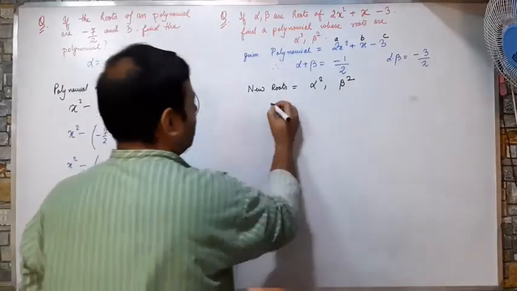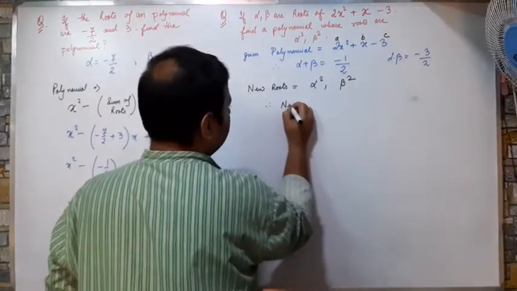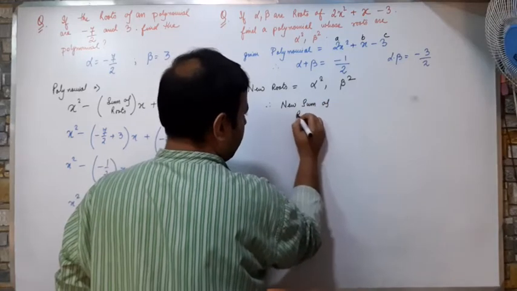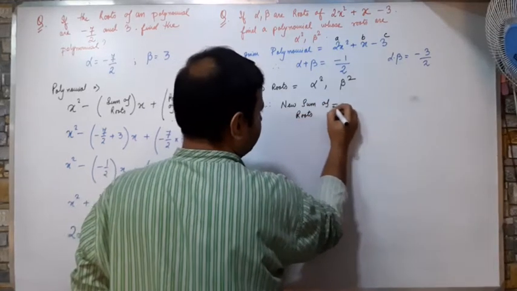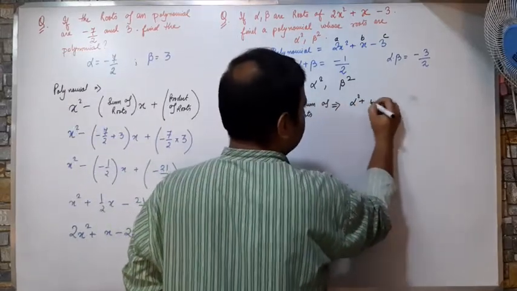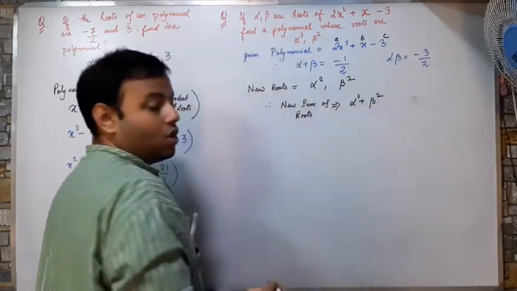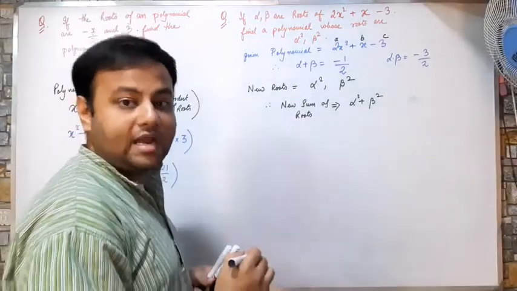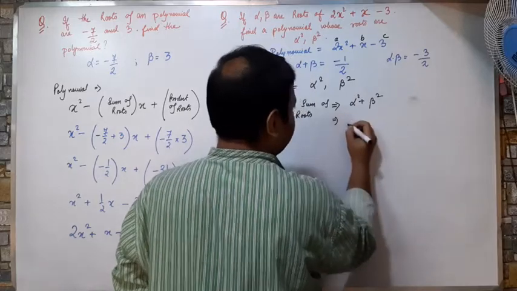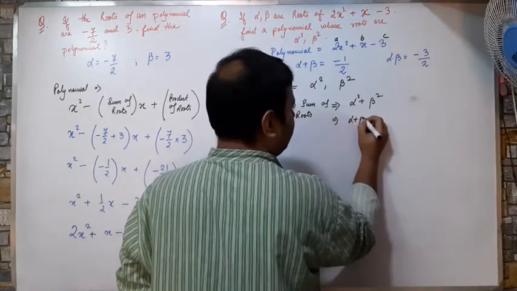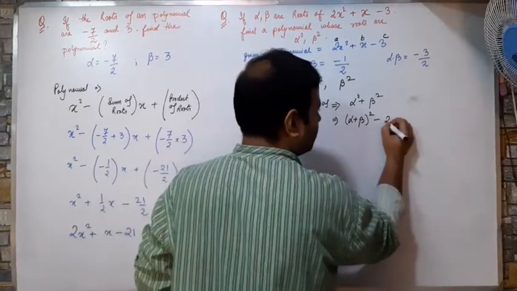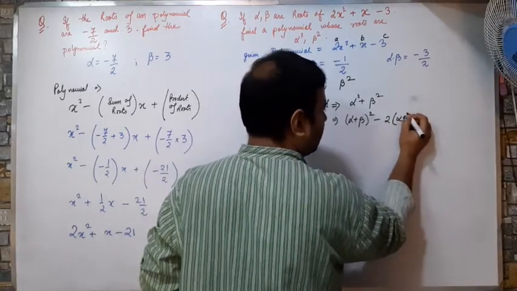Right? Now therefore new sum of roots. What will the new sum be? Alpha square plus beta square. What is the formula of a square plus b square? It is (a plus b) whole square minus 2ab. So I can write, instead of alpha square plus beta square, alpha plus beta whole square minus 2 alpha beta.